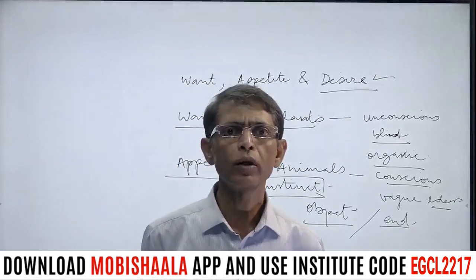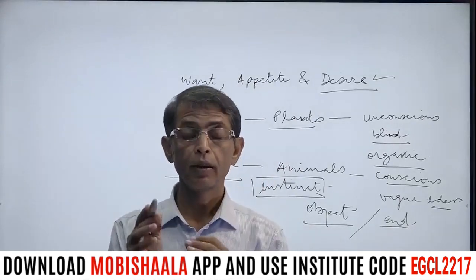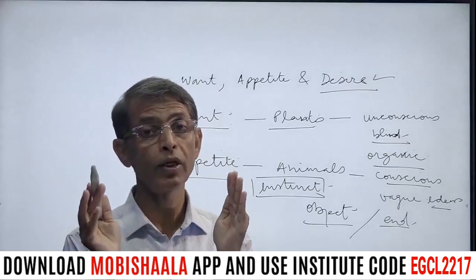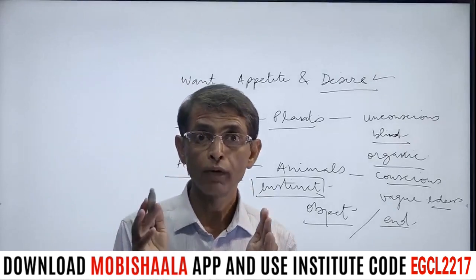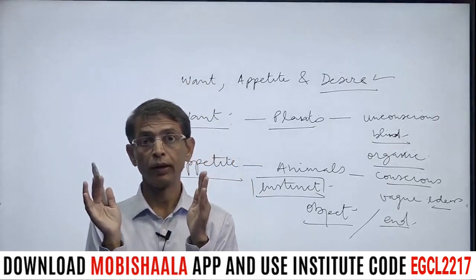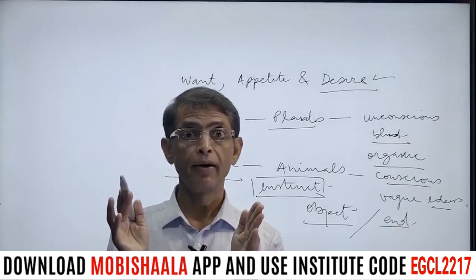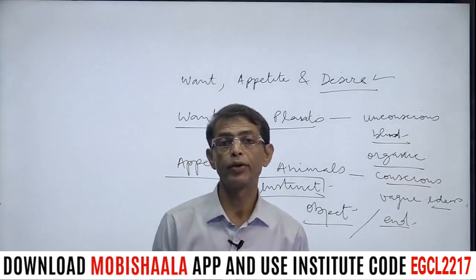There are few instincts in animals, but they are certain. They know their food, mate, and shelter. These three things are very important: food, mate, and shelter. These are the natural appetites.